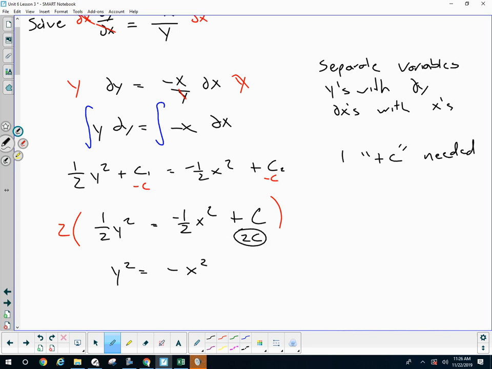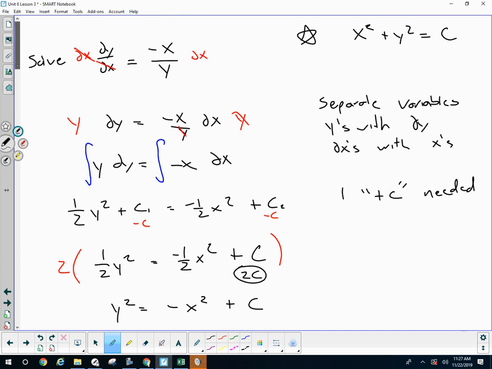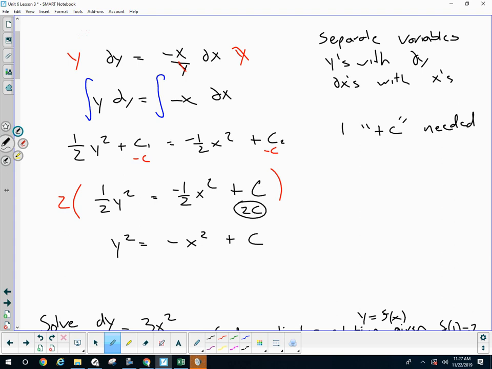We can write 2c if we wanted to, or we could just create a new c. 2 times c is still just a c. And to get our solution to be what we expect it to be, which we came up with visually, we can add x squared to both sides. There you go. We just found this solution using antiderivatives, just like we've been doing all the other differential equations. Pretty neat.